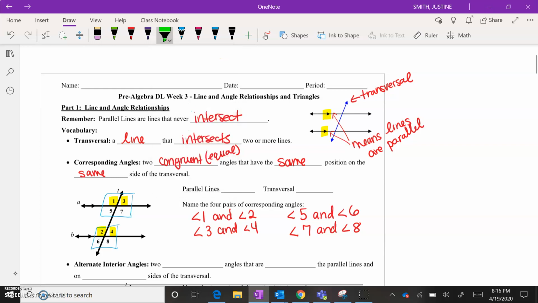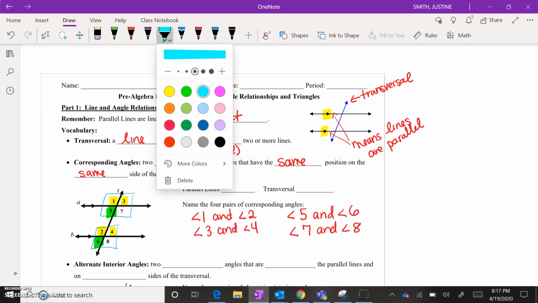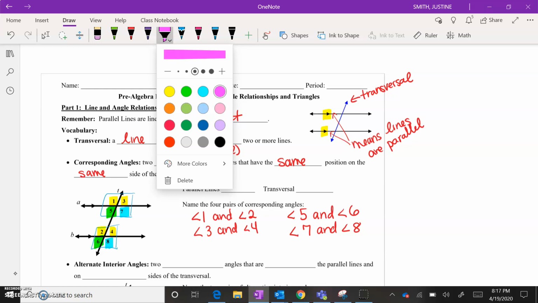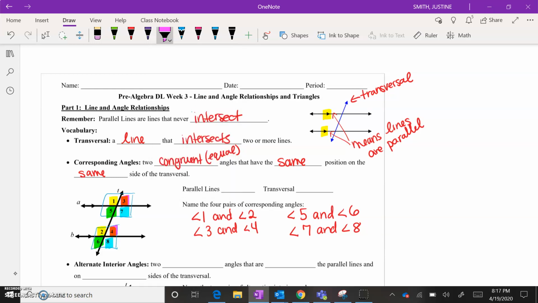Okay, so angle 5 and angle 6, angle 7 and angle 8. So again, you can see how they share those same positions. And then I'm going to make this a different color. There we go. Okay, so same position, same side of the transversal.